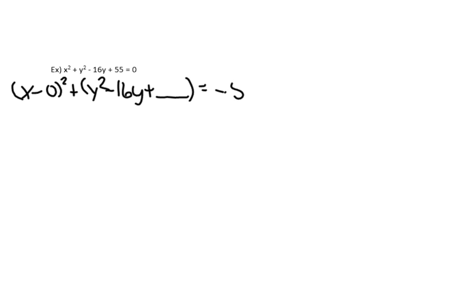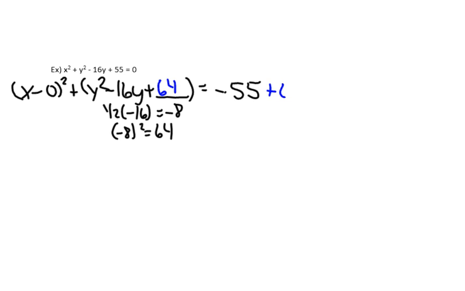That's negative 55. Now remember, when you complete the square, we're going to take half of negative 16, which is negative 8, and square it to get 64. So I'm going to add 64 and add 64 to both sides.